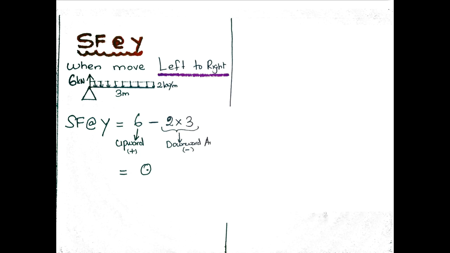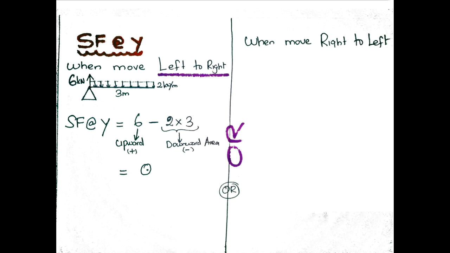Okay, check the right to left technique also. Now consider right to left movement. This is the Y point. Now consider the right to left portion. This portion of the beam is not needed.